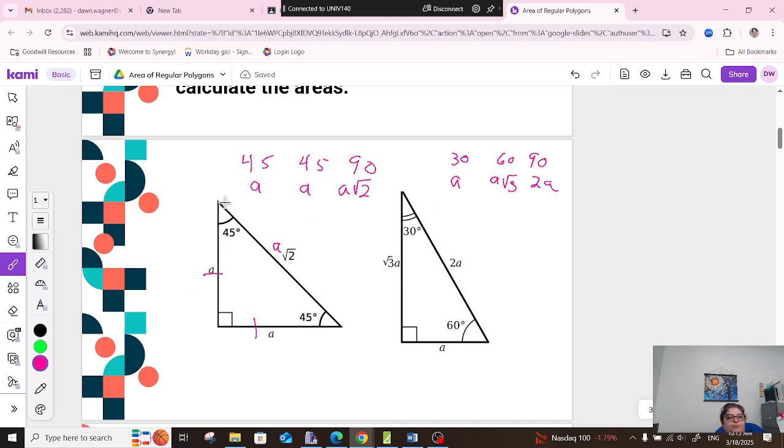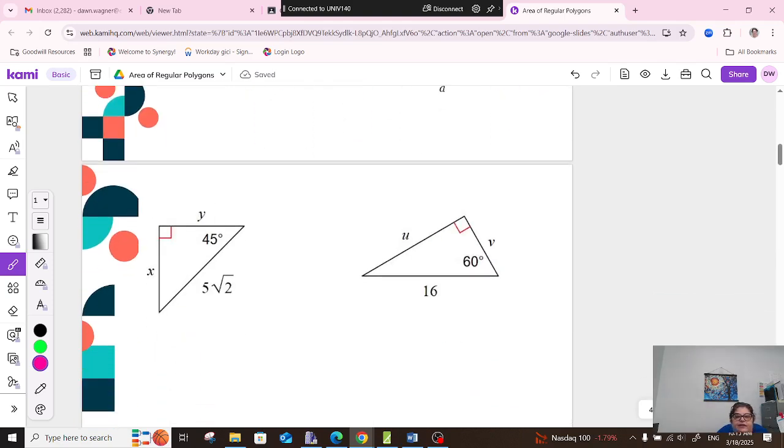Okay, so just as review, let's look at this one right here. Is this 30, 60, 90 or 45, 45, 90? Sorry, I thought I put 2 out there. I guess I didn't. So this is the 45, 45, 90, a, a, a square root 2. This has a square root 2 next to it across from the 90, right? So what's a? a is just 5, right?